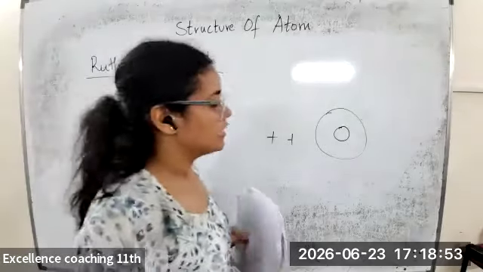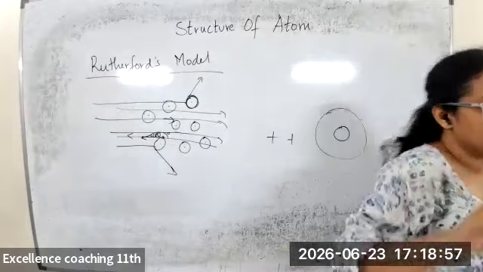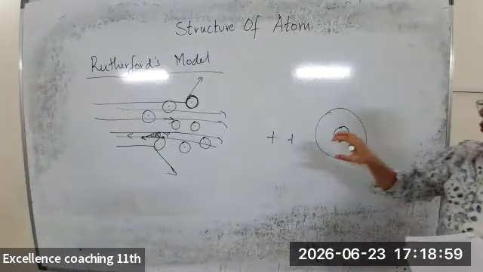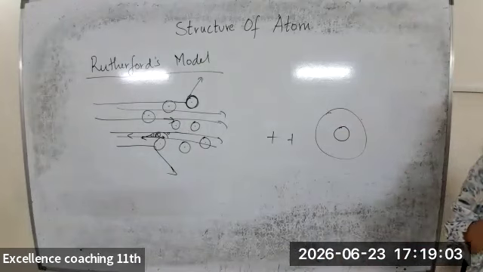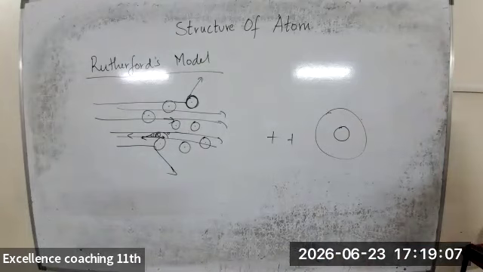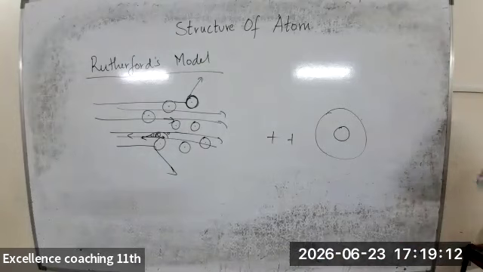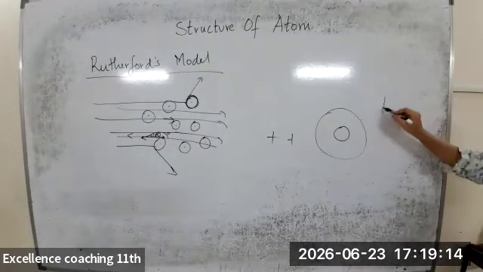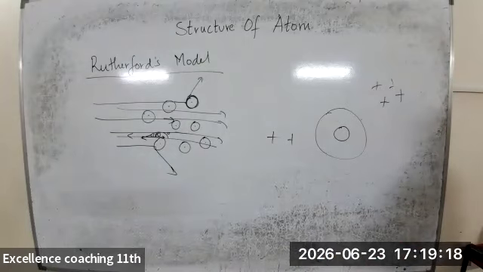The positive charge is not present throughout, unlike what Thomson had said, that the positive charge is uniformly spread. But Rutherford said, if the positive charge is uniformly spread, then why were some alpha particles able to pass through undeflected?